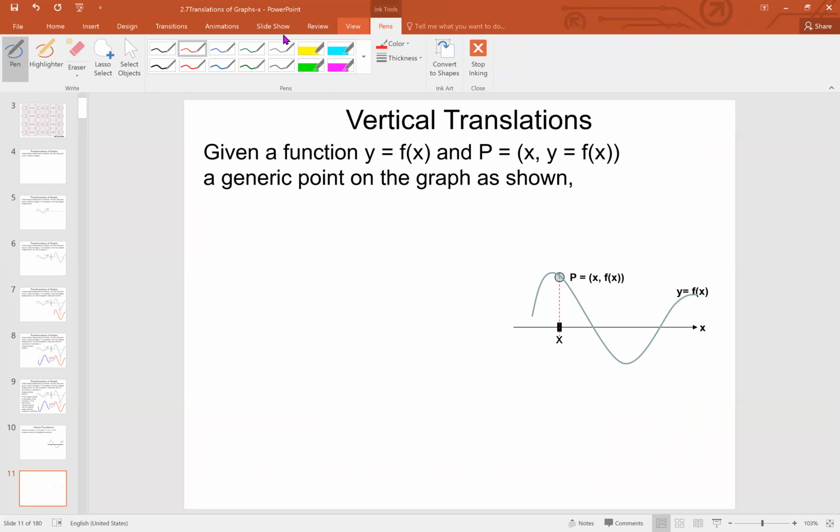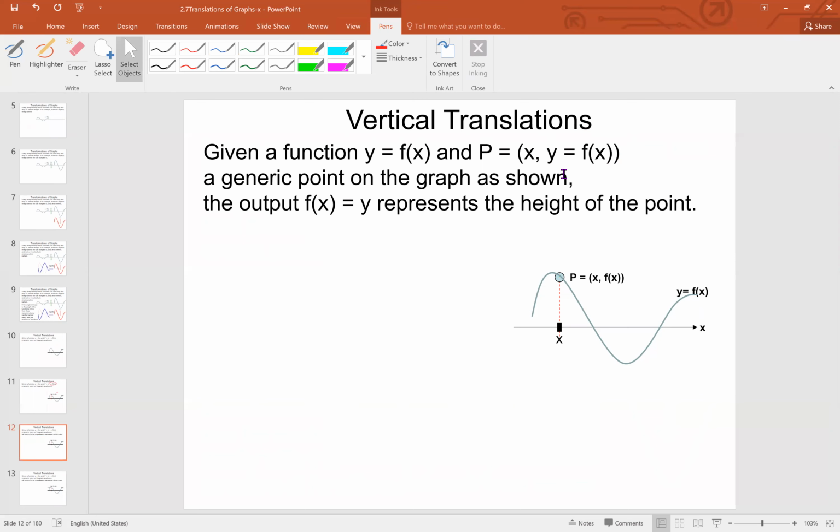Y, of course, is another name for f of x. That is interchangeable, depending on whichever is more convenient for the context. In particular, y is the y coordinate, so in other words, that's the height of the point. That is very important.